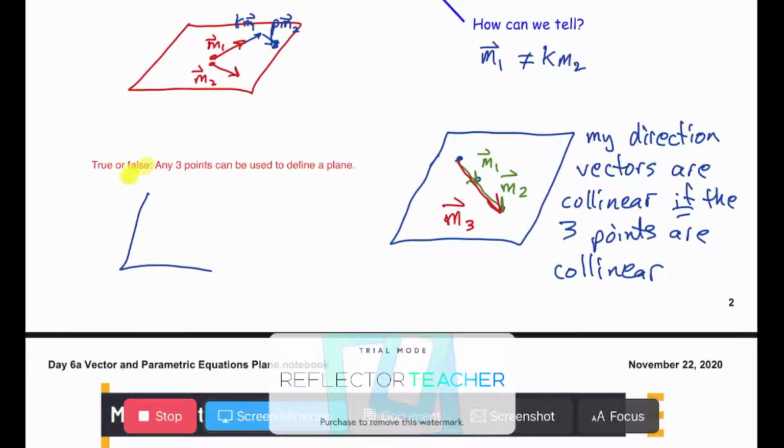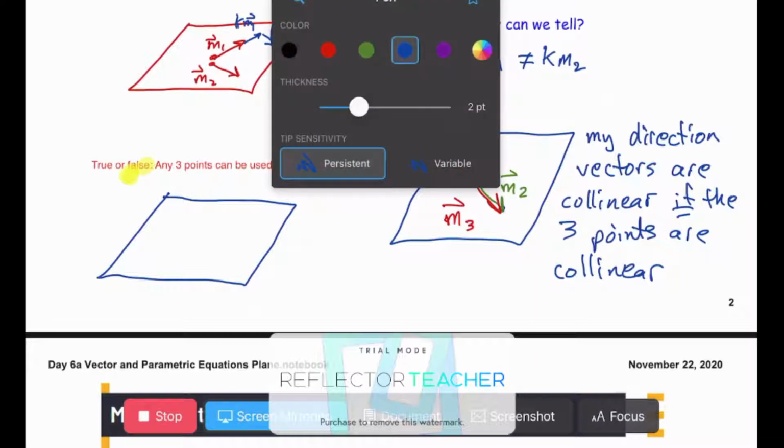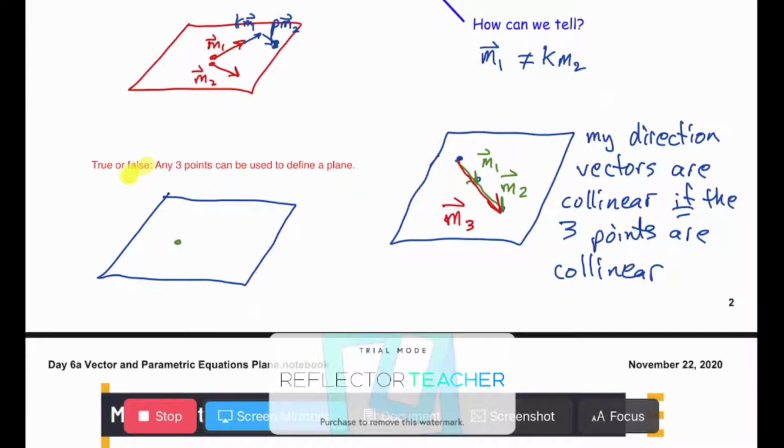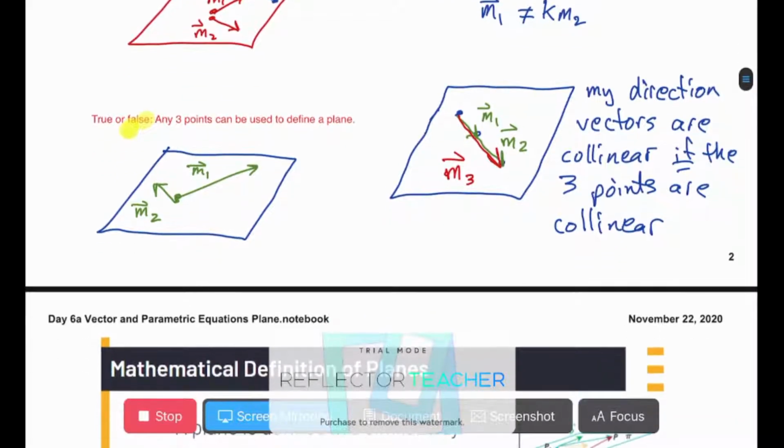However, if they are not collinear, and I think I showed this already up top, if I have my point and my direction vector m1 and my direction vector m2, I can define any point on the plane in terms of those direction vectors because they are not collinear. So let's make a quick note of that.